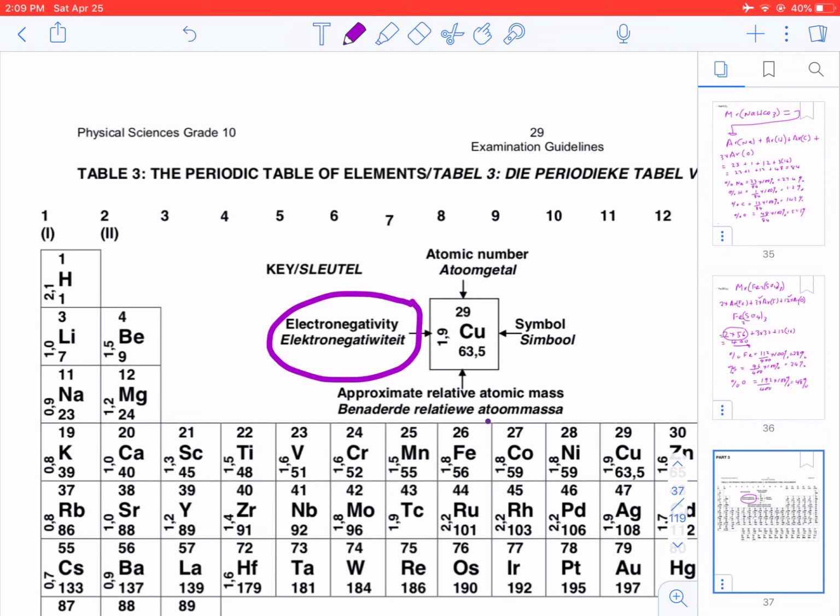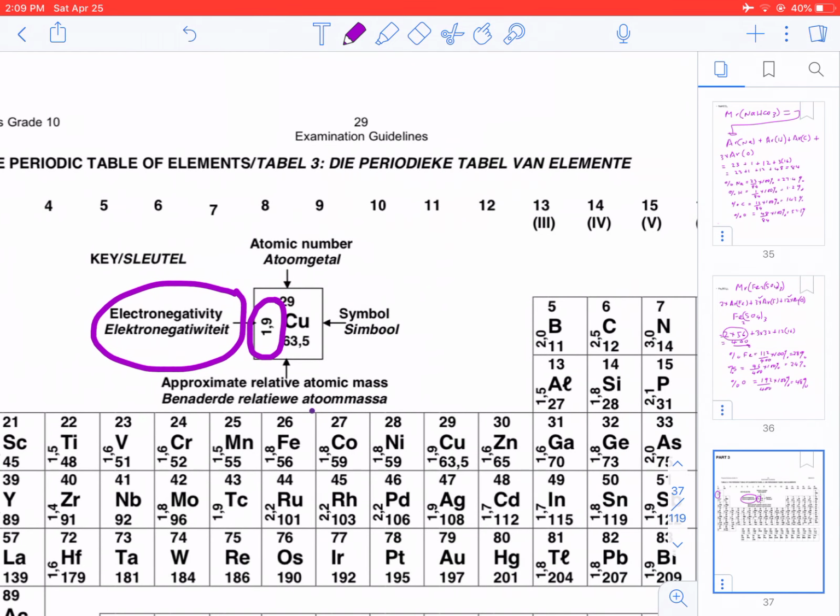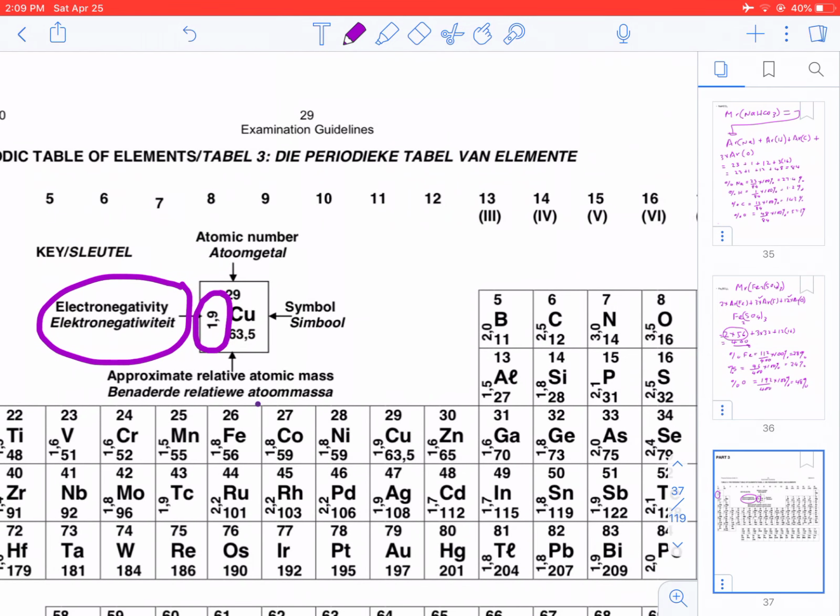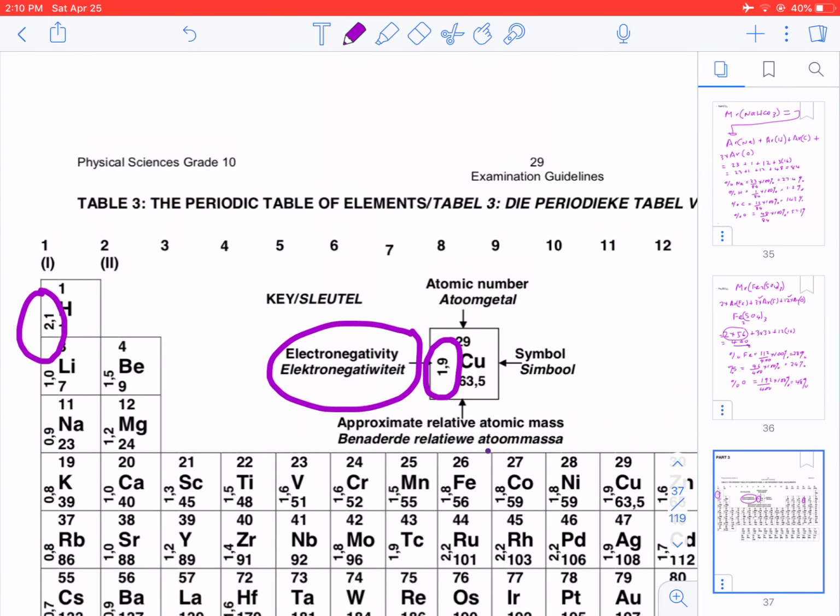Looking at electronegativity here, there's a data sheet that's going to be given in the exam as well. It shows you that copper has an electronegativity of 1.9, hydrogen has an electronegativity of 2.1, and oxygen has an electronegativity of 3.5.